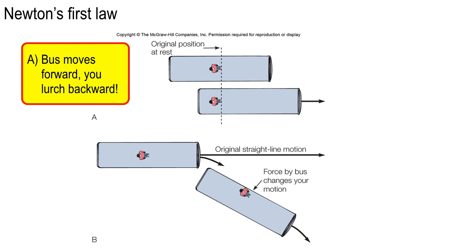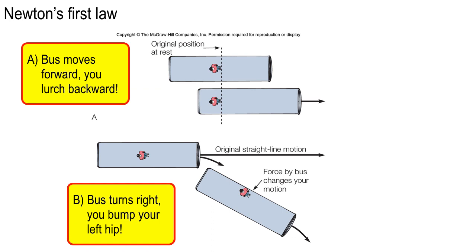The reason for that is you are not stapled down to the bus. You're not bolted in. The seats go wherever the bus does. The wheels go wherever the bus goes. The windows go wherever the bus goes. But you, if the bus goes forward, you're going to want to stay where you were. So you kind of topple backwards a little bit.